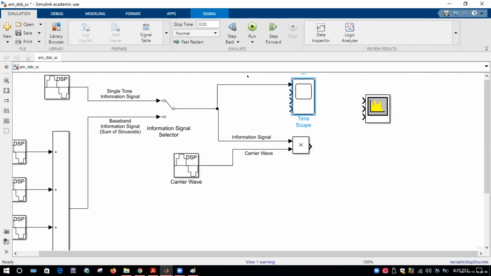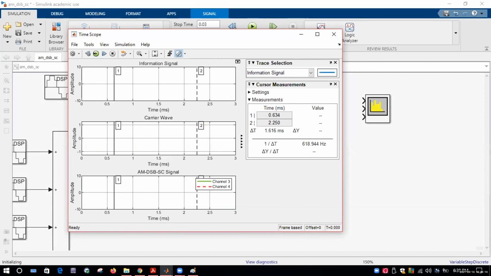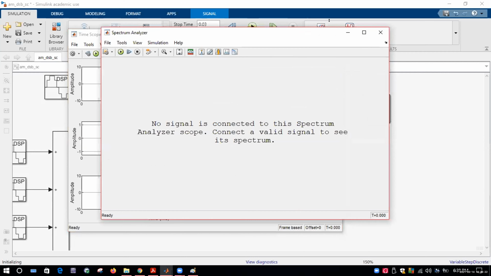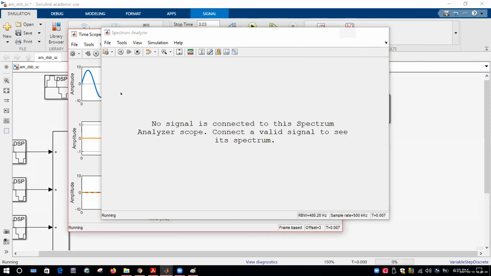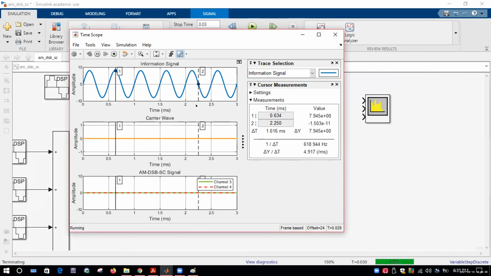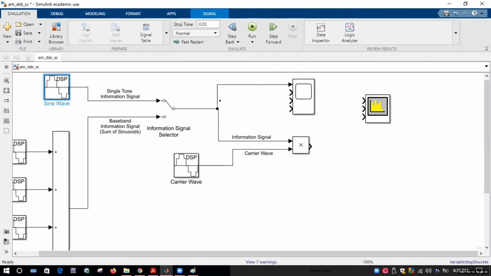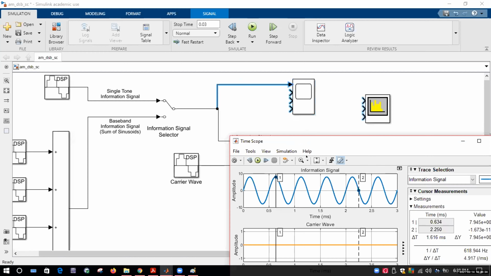Now, if I open up the scope and run it, what do you see on the scope? You see the signal which is coming in from this DSP block, right? This is the signal that you see on the scope.